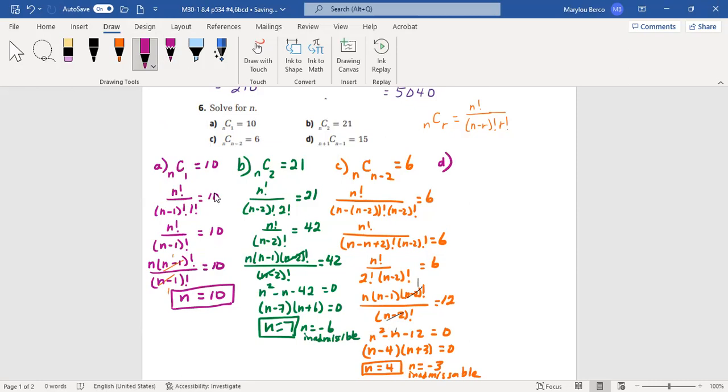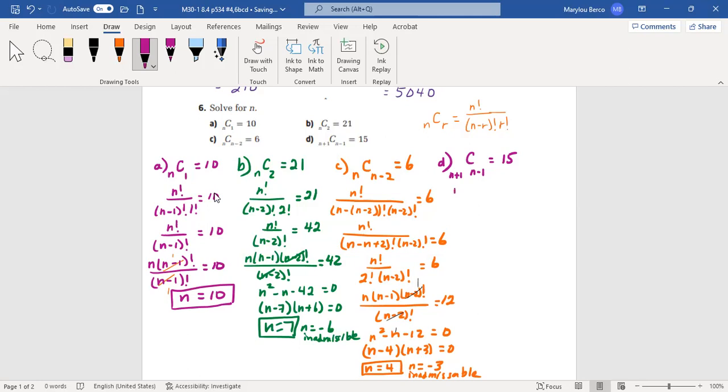And what we have is n plus 1 C n minus 1 equals 15. Now remember, this is my n value in my formula, and this is my r value in the formula. So it gets a little bit crowded.